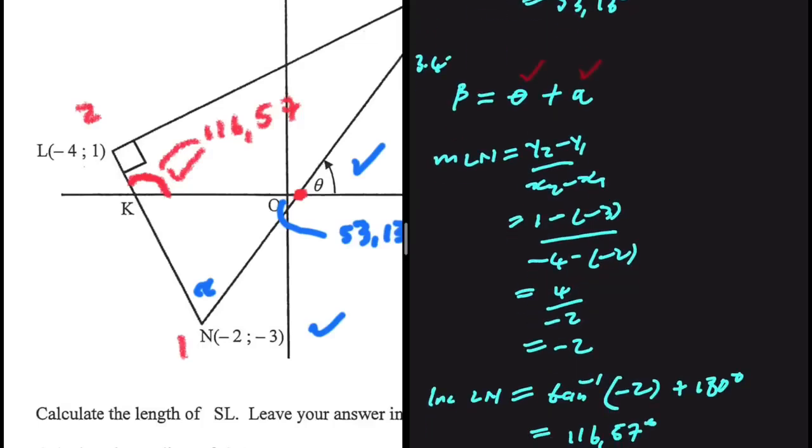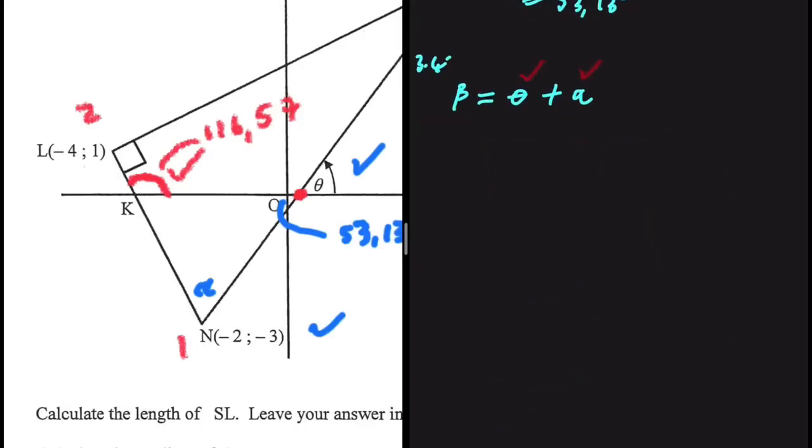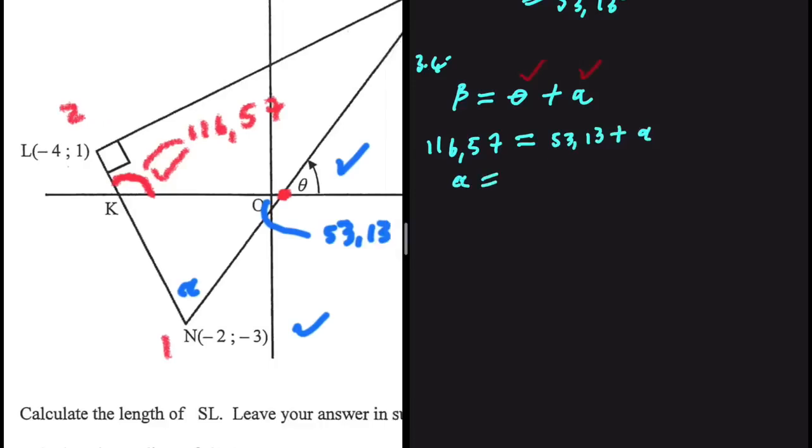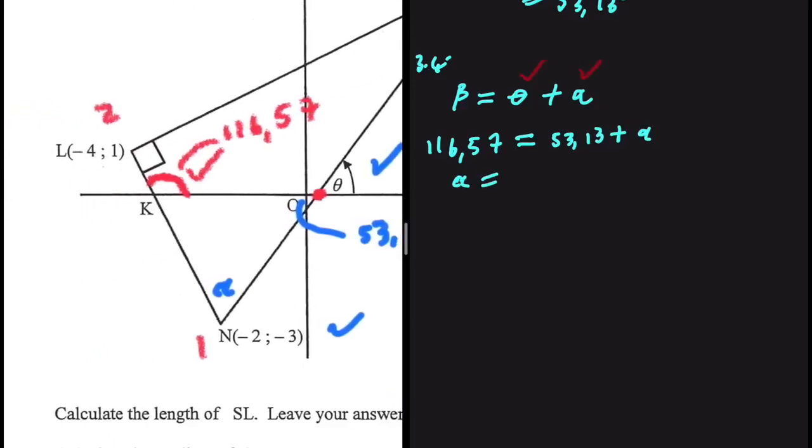Let's not forget what we are proposing. That tells us that 116.57 is equal to theta, which is 53.13, plus alpha. So our angle alpha, or LNS, not LKN, I'm sorry for that, will be 116.57 minus 53.13.